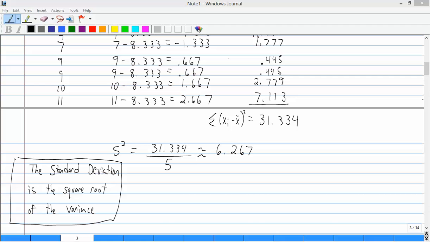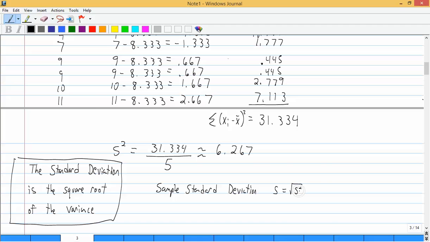So what your formula sheets have listed is that the sample standard deviation would be just S, which is the square root of S squared.